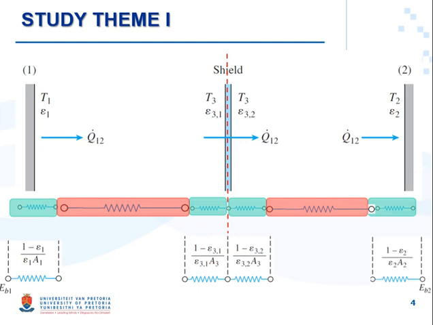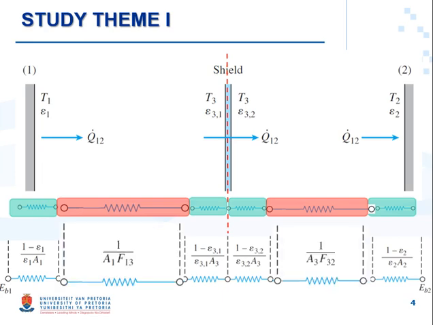As you can see here, the surface resistance is easy: 1 minus epsilon associated with that surface, divided by emissivity multiplied by A. We apply the same concept for all four surface resistances, and we know that the space resistances are related to view factor. So we have it here as well.